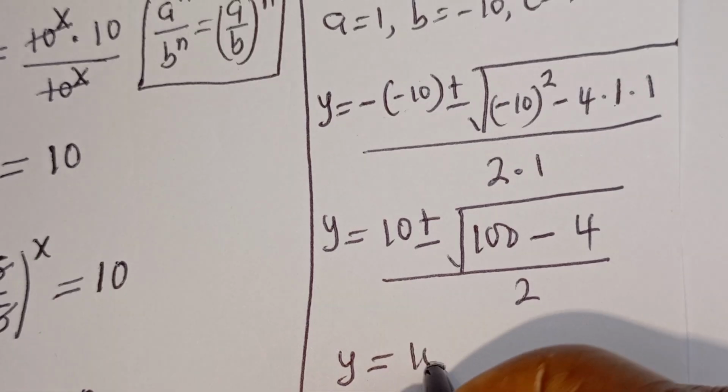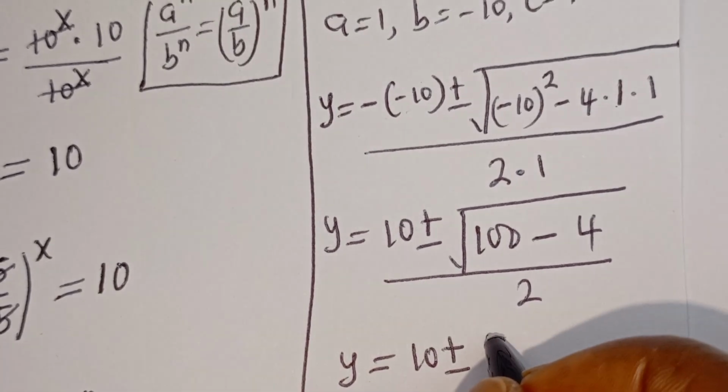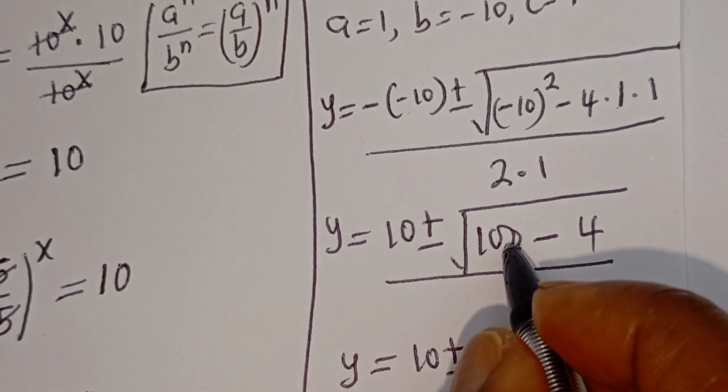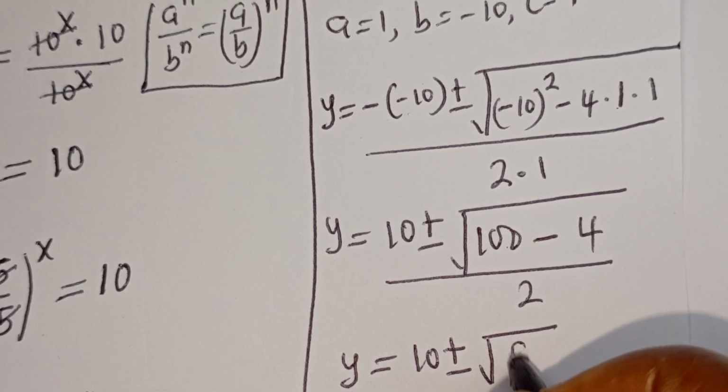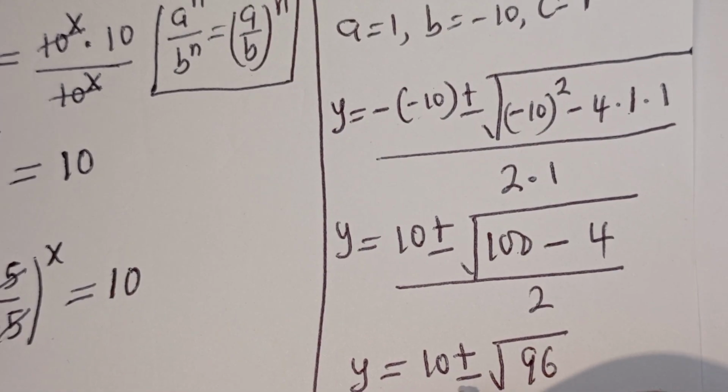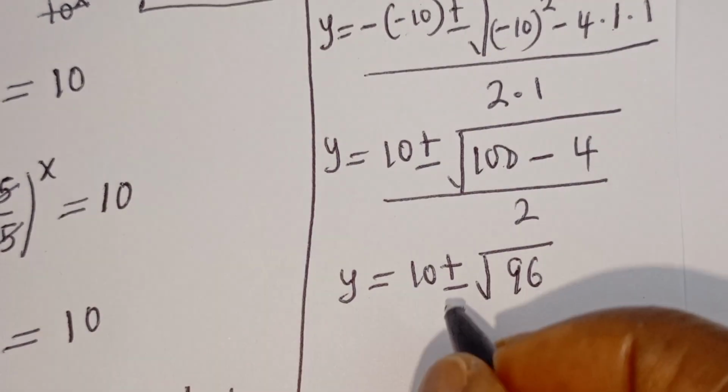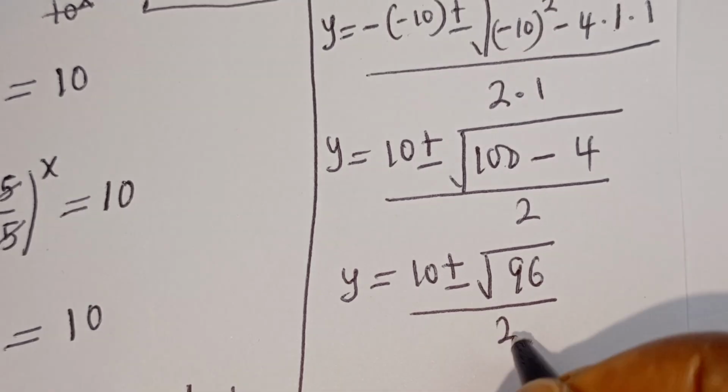Y is equal to 10 plus or minus square root of 100 minus 4, that is 96, divided by 2.